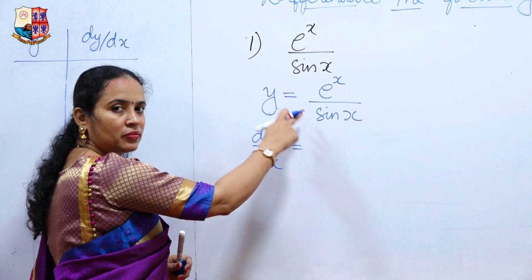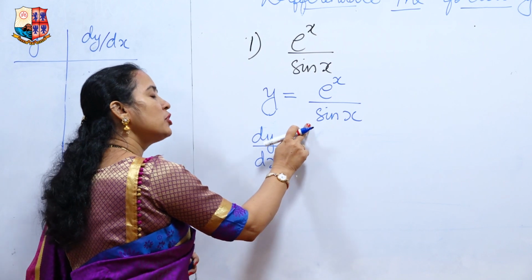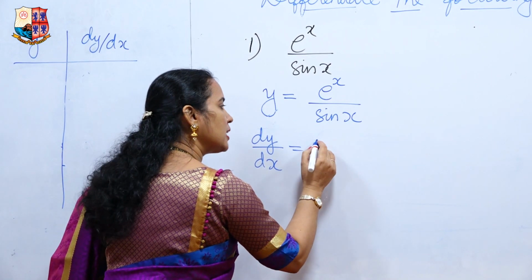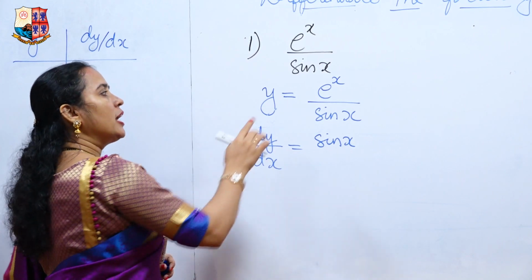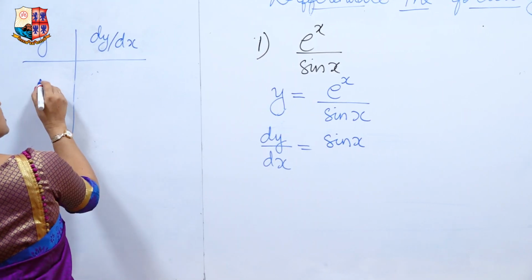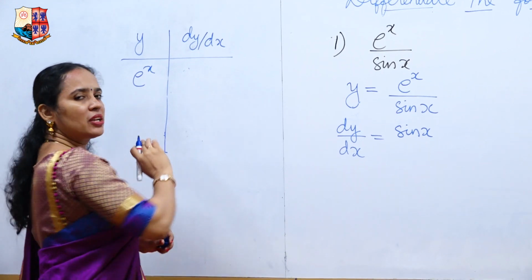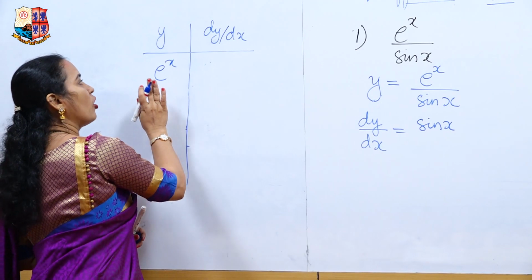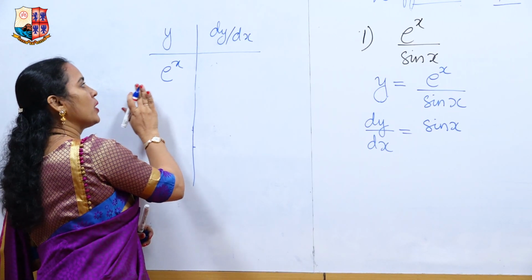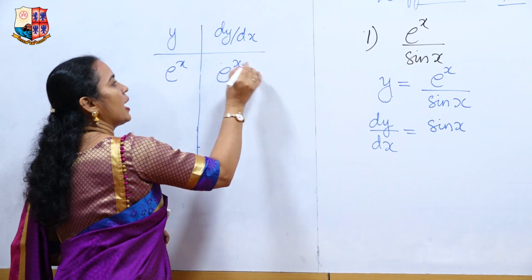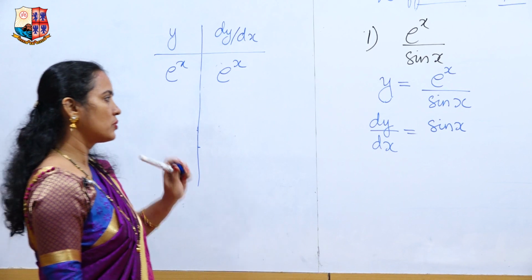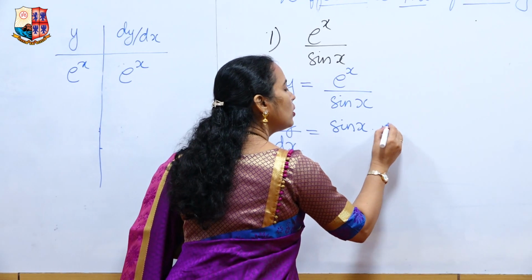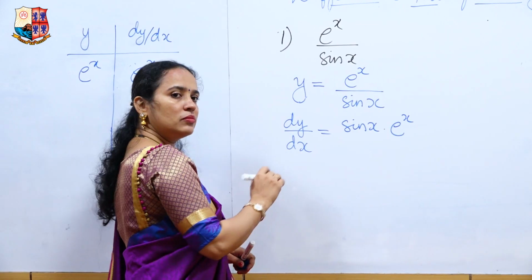Which rule? Quotient rule. Quotient rule, keep the denominator as it is, sin x will be as it is. Differentiate e to the power x. You know e to the power x is a lovely function. On finding its derivative, it will remain as it is. So e to the power x differentiation will be e to the power x. So into e to the power x.